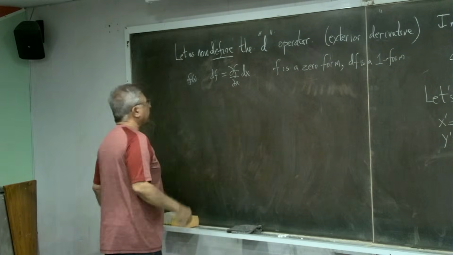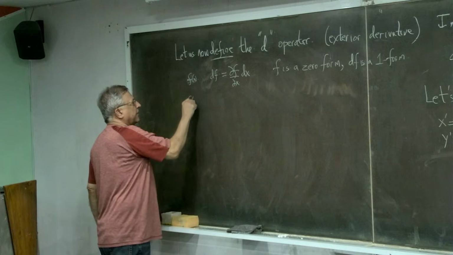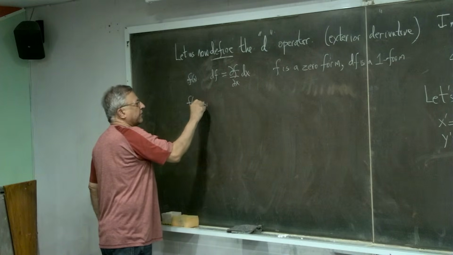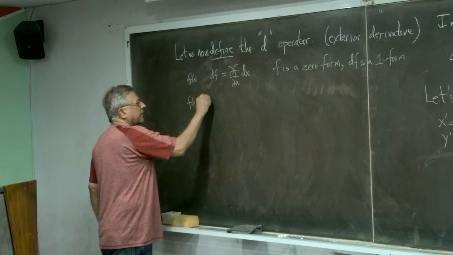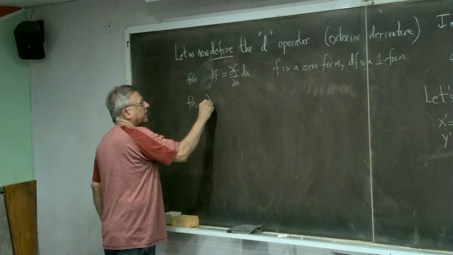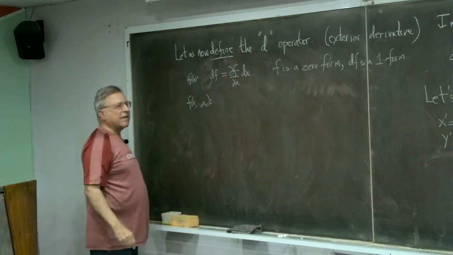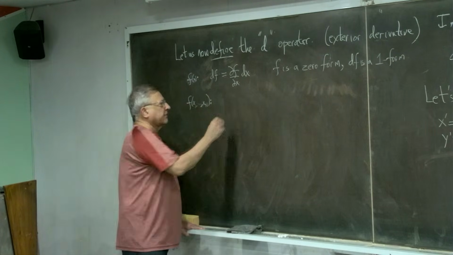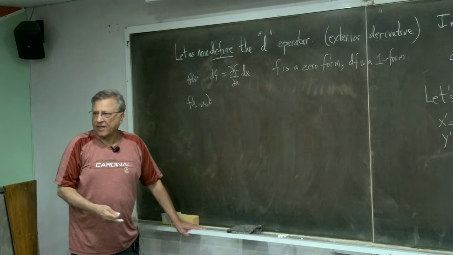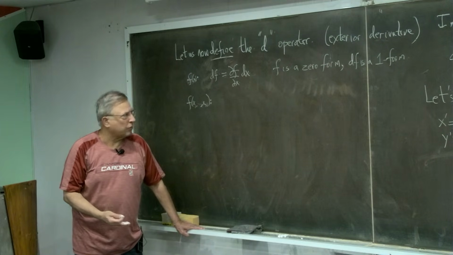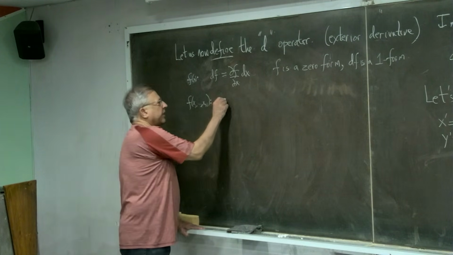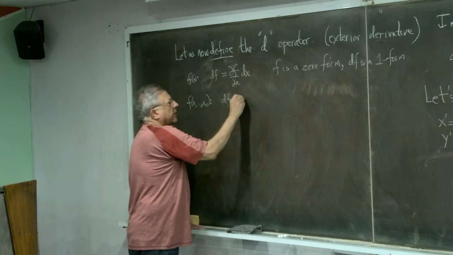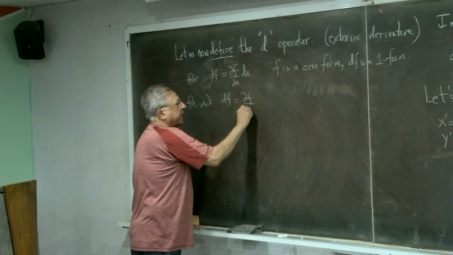Now, if I have a function of n variables, then calculus tells you how to do this. If I make a small change in any of these variables, then df will be df by dx mu.